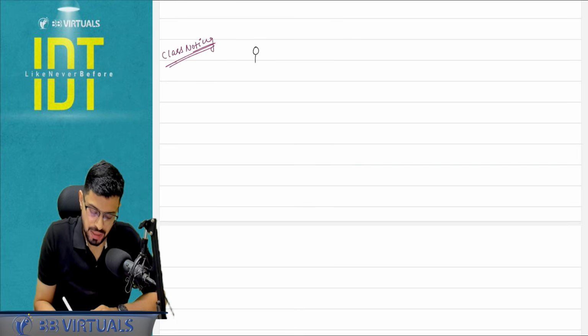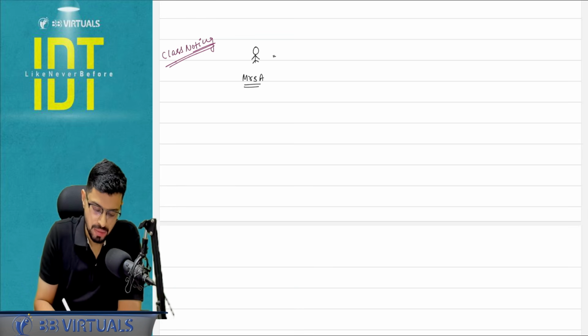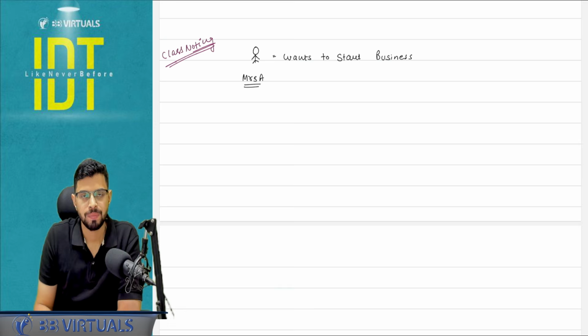Suppose there is this person here, Mr. A or Mrs. A. Pay attention. Mrs. A wants to start business. But she doesn't want to take any loan. She doesn't want to take any outside capital.